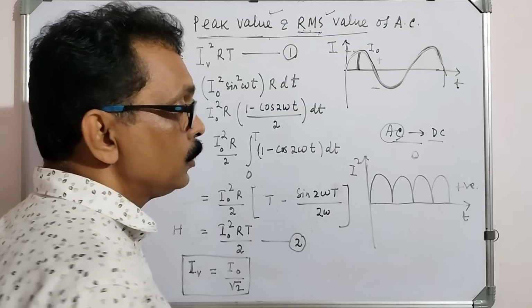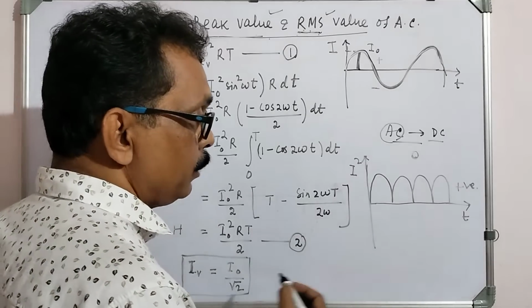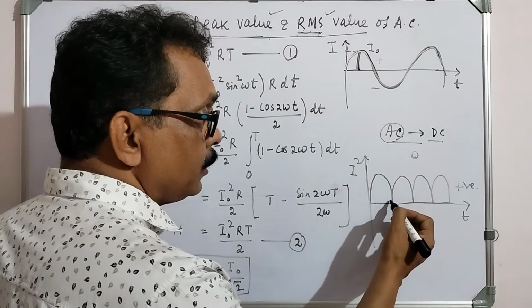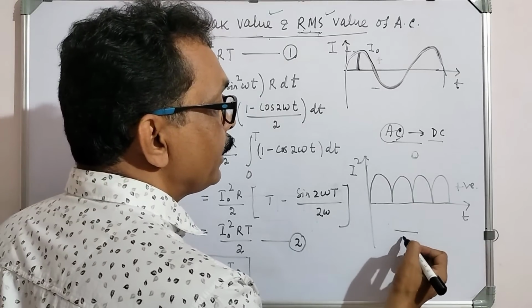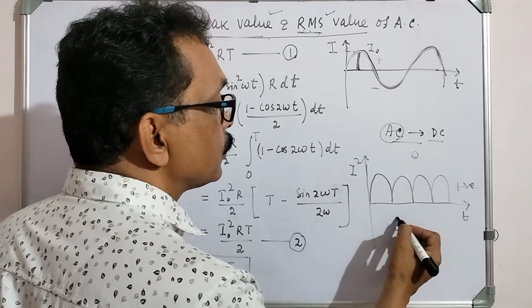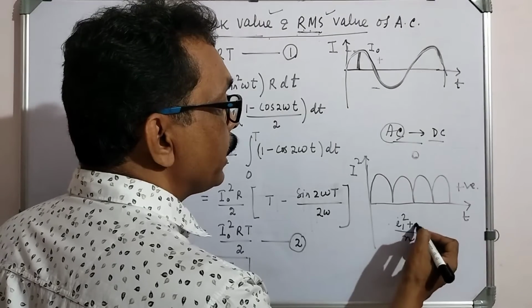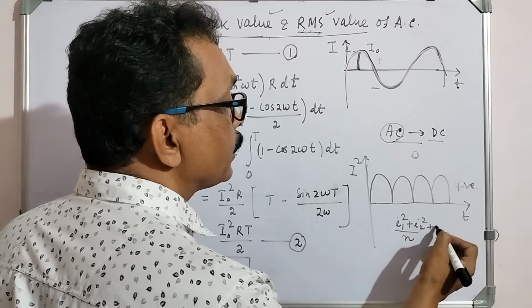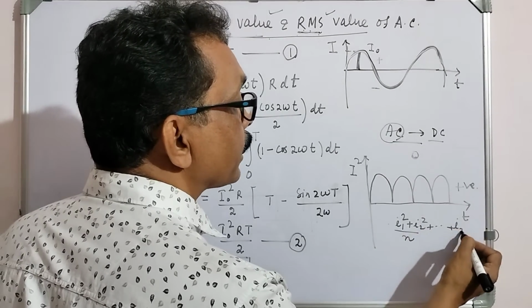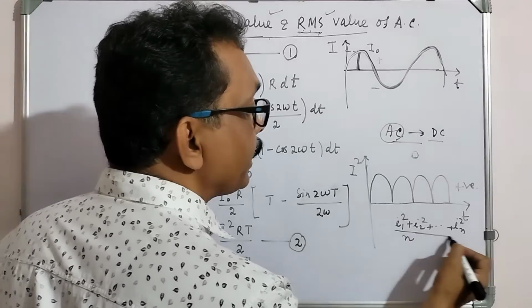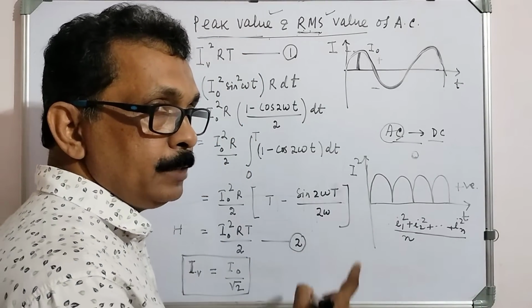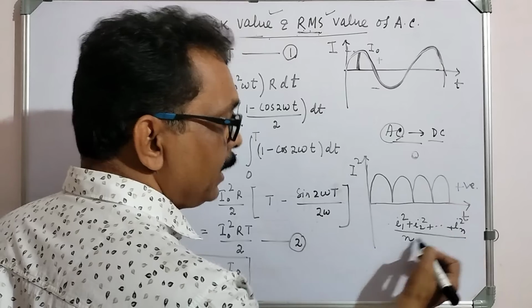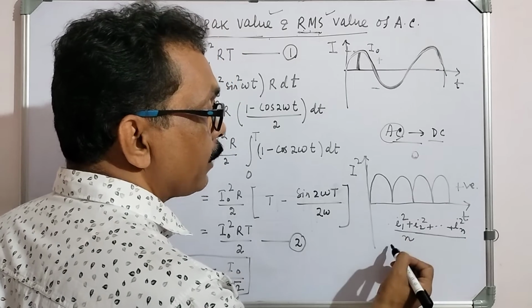Okay. So what do we do in RMS value? We make the squares of the current and divide by n. Suppose I1 square plus I2 square up to In square, divided by n, this will be equal to the mean square value. This is the square and this is the mean square value.